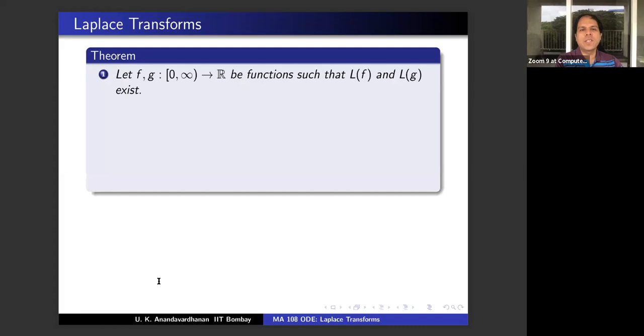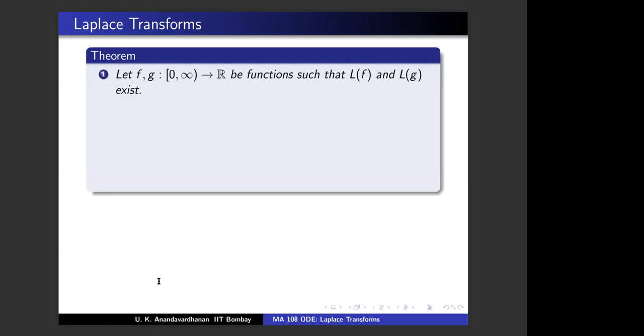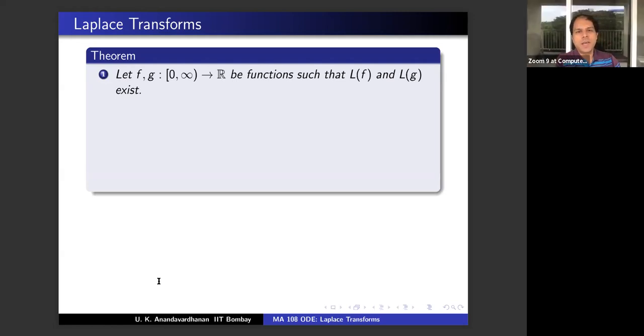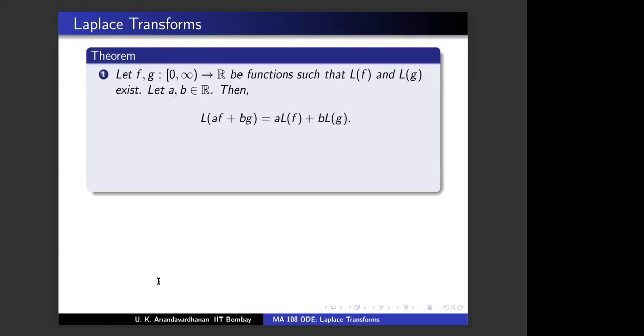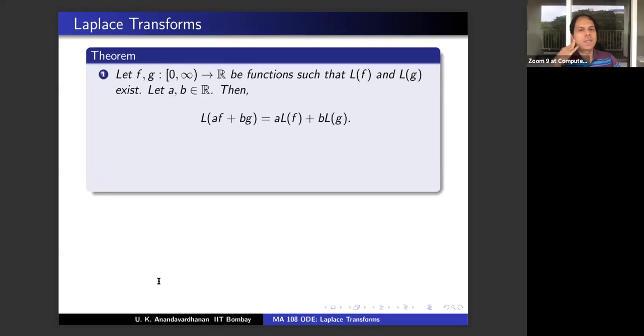One obvious thing: if f and g are functions such that Lf and Lg exist, complete the statement. The Laplace transform of af plus bg will exist. Absolutely. And not only that it will exist, L of af plus bg is a times Lf plus b times Lg.